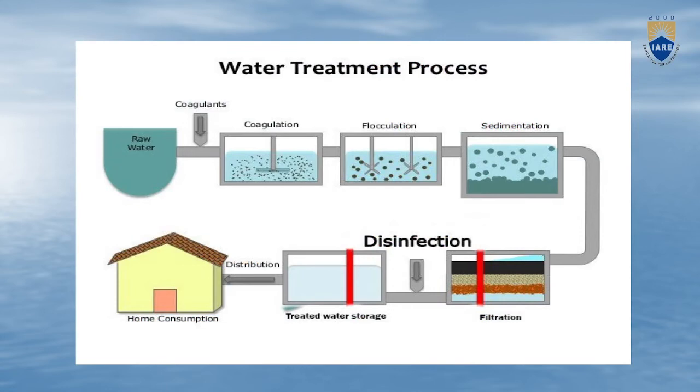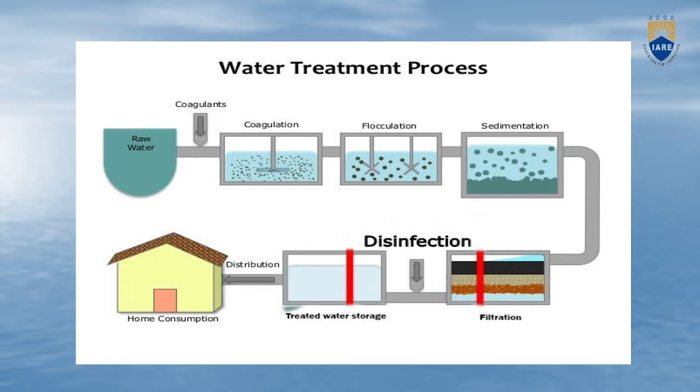Water treatment process. We can see that the raw water consists of coagulants. It goes through coagulation and flocculation. Next, the step is sedimentation. After completing the sedimentation, it can be filtered through filtration.